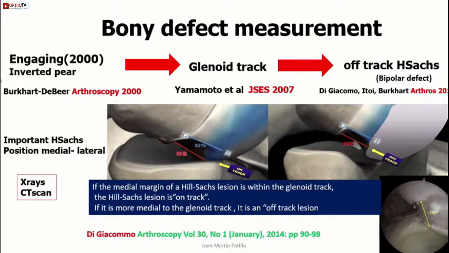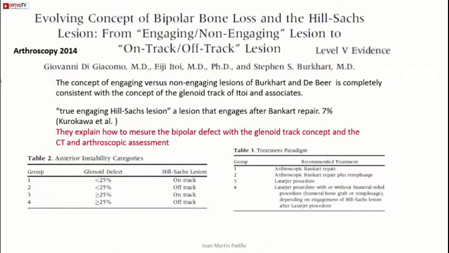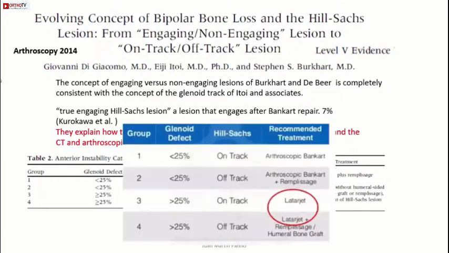If the medial margin of the Hill-Sachs lesion is within the glenoid track, this is an on-track lesion. On the other hand, if it is more medial to the glenoid track, it's an off-track lesion. This is the original paper in which the authors explained how to measure the bipolar defect with the glenoid track concept, using CT scan and arthroscopic measurements.